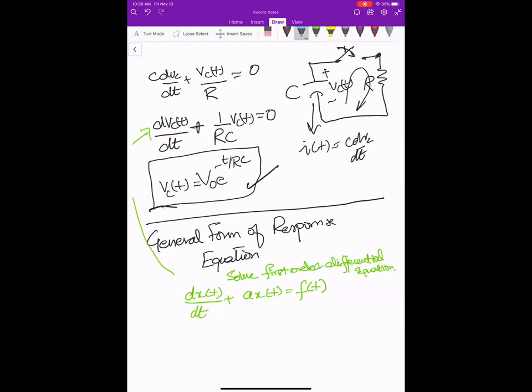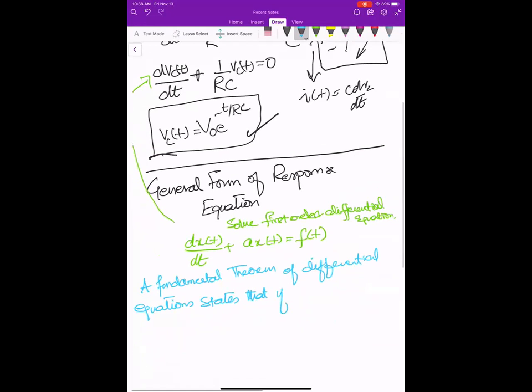So a fundamental theorem of differential equations states that if x of t is xp of t, so this is the general form of the equation.